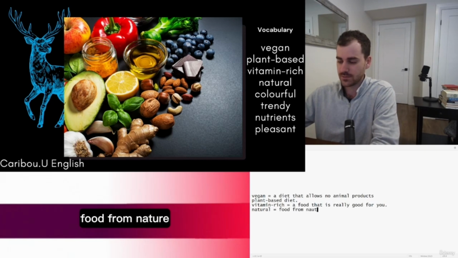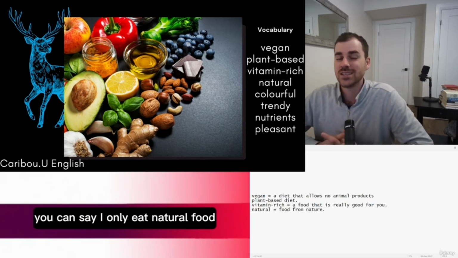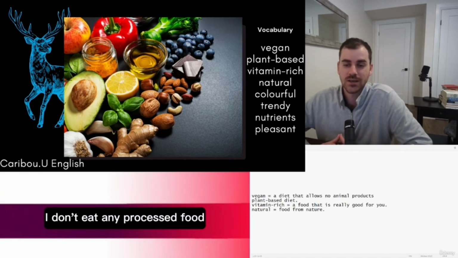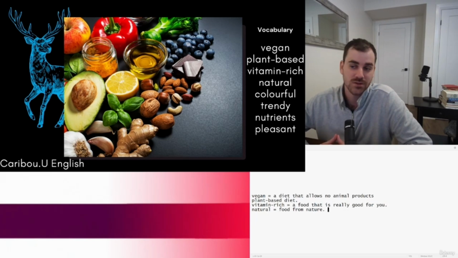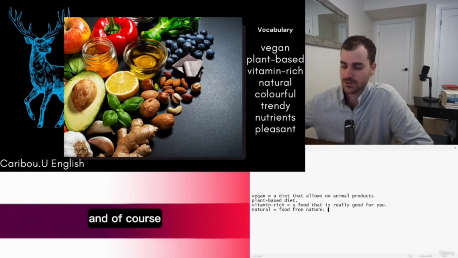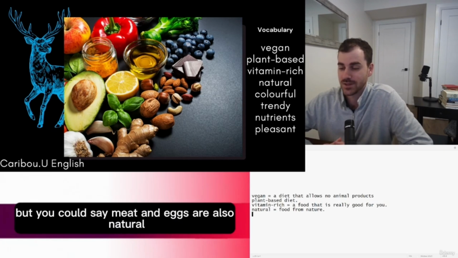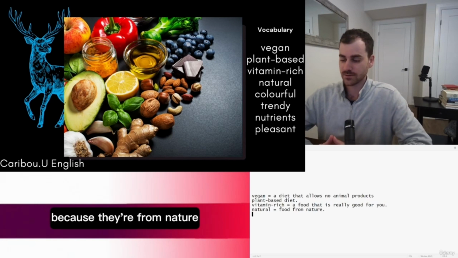Food from nature. You can say, I only eat natural food. I don't eat any processed food. I don't eat any chemicals. I only eat natural food. And of course, a plant-based diet would be mostly natural, right? But you could say meat and eggs are also natural because they're from nature.